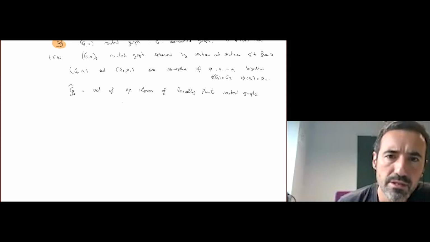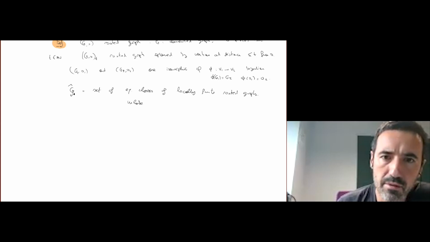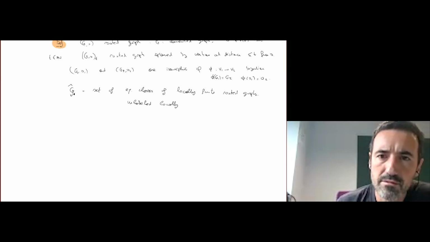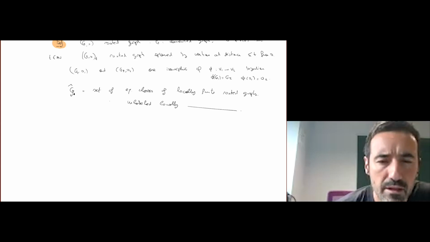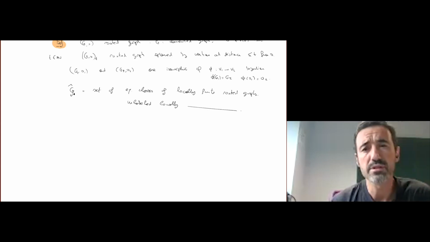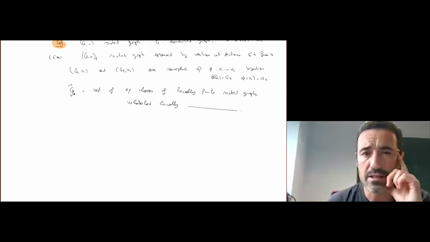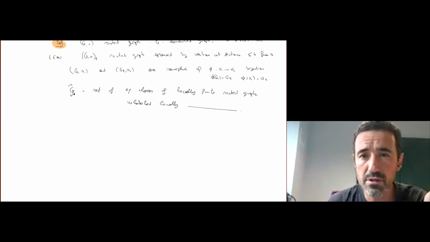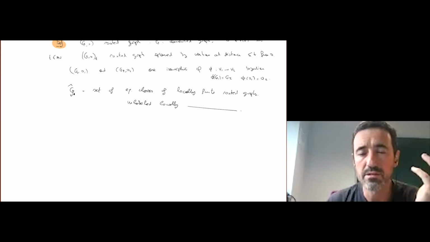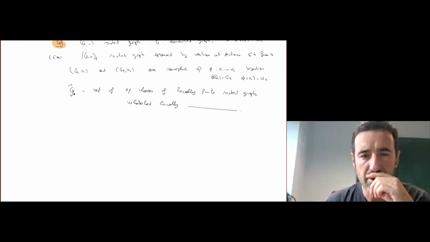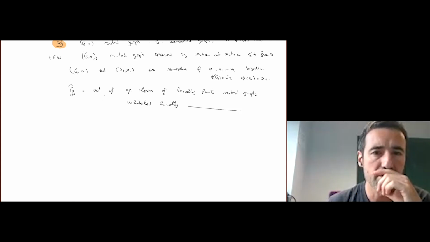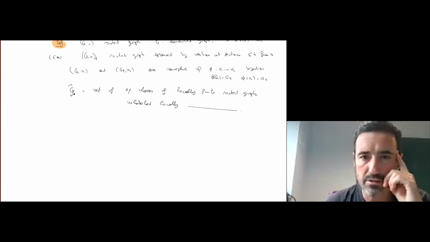In combinatorics, this is called unlabeled locally finite graphs. Why unlabeled? Because when you take an equivalence class, you remove the names of the vertices. This is the information you have lost. So it's just an equivalence class of rooted graphs.